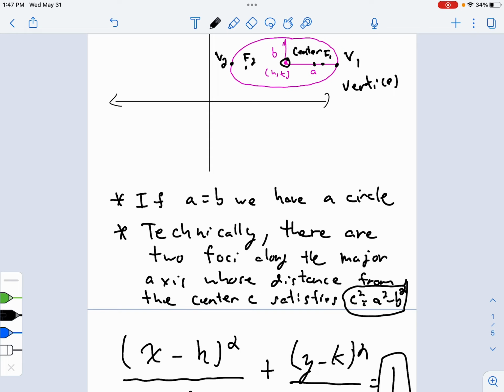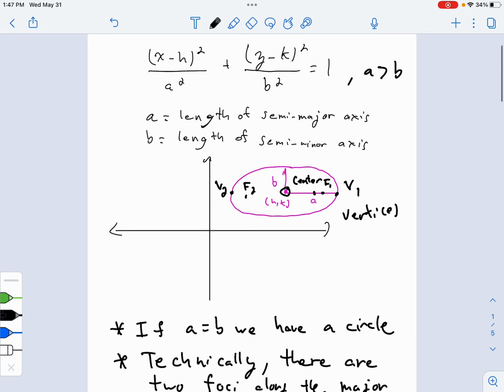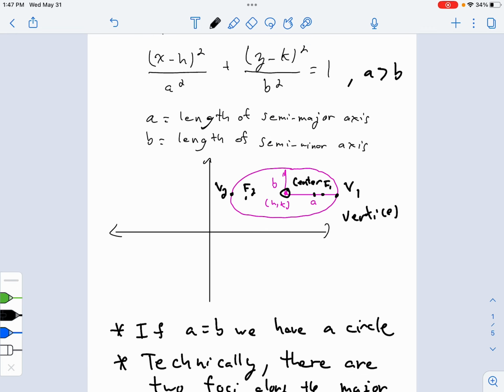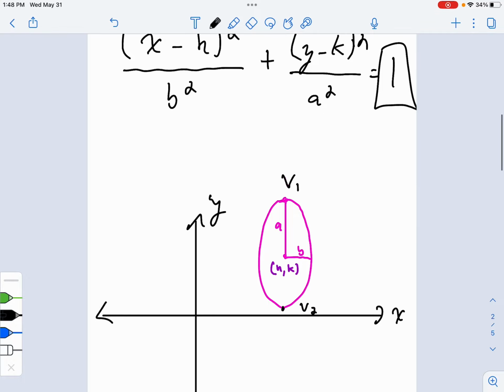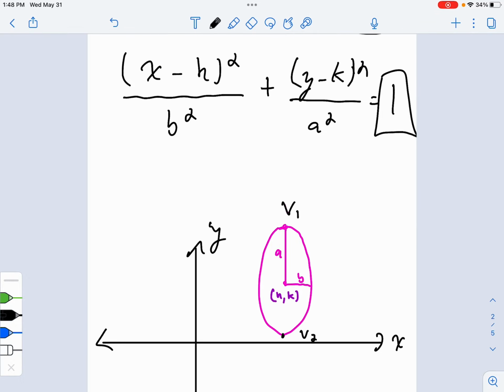You can have an ellipse that is wider on an axis parallel to the x-axis, and it kind of looks like a football, like what you see here. Or you can have one that looks like what I have down here, which is longer on the vertical axis, and people think of it as an egg. In this case, you have a different equation, and because these equations look very similar, the only difference is that the a squared is under the term with the y, and the b squared is under the term with the x.